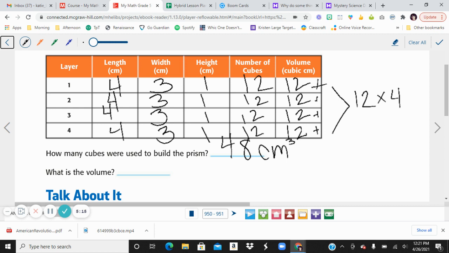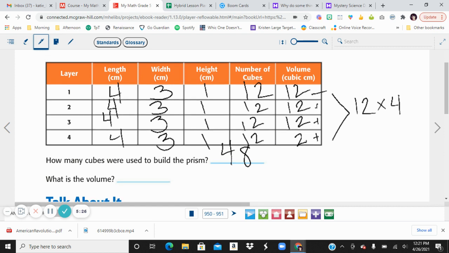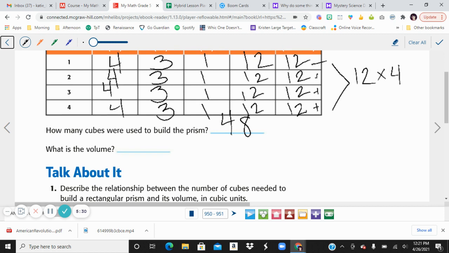It said how many cubes did we use? Mrs. Bodell didn't read that correctly. We used 48 cubes, so the volume is 48 centimeters cubed.